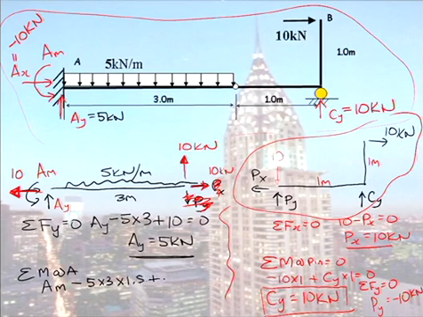I would add the moment due to my pin vertical force. And the horizontal force, because you can trace that point load straight back to A, causes no moment. So from that, we get a value of minus 7.5 kilonewton meters.